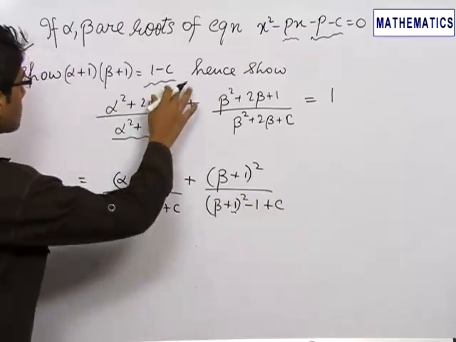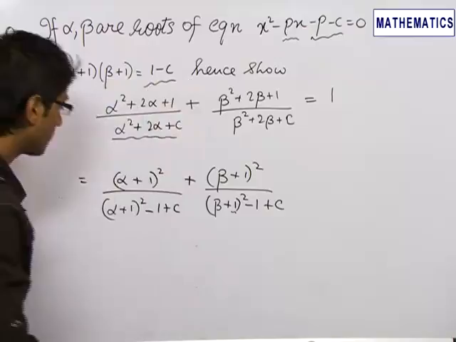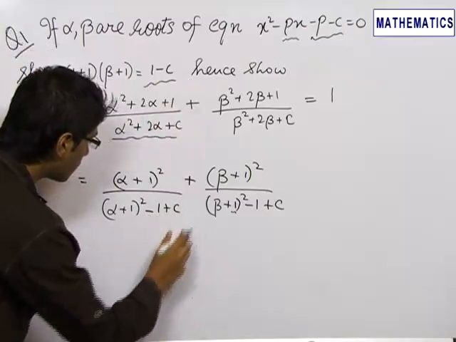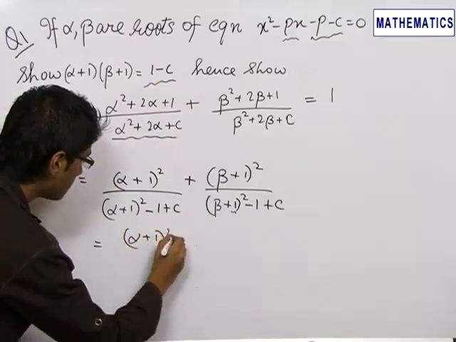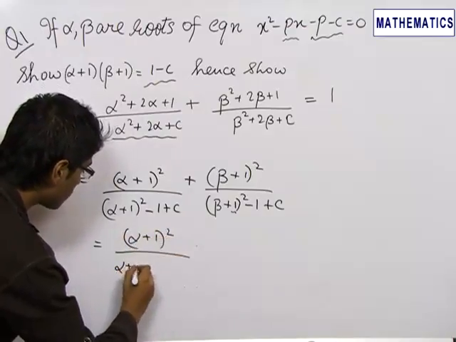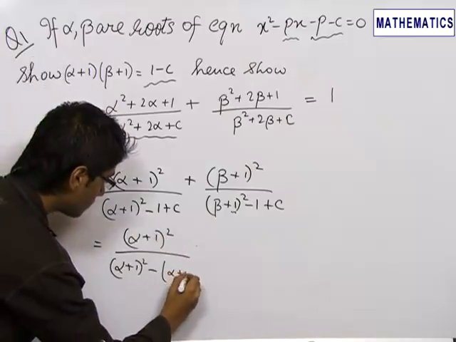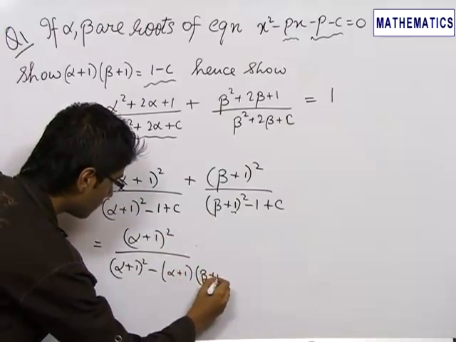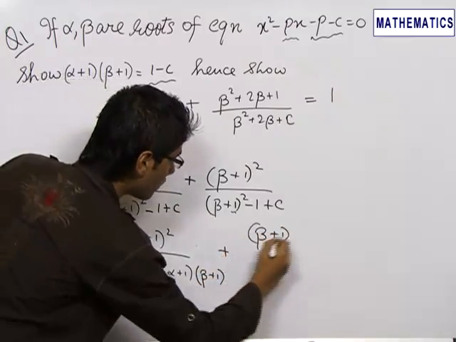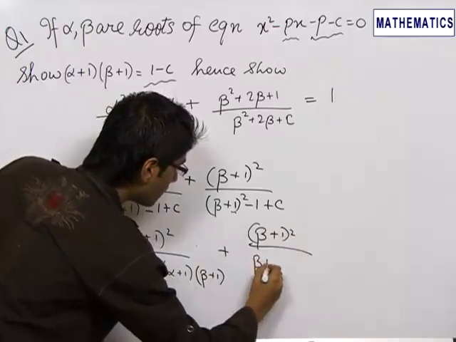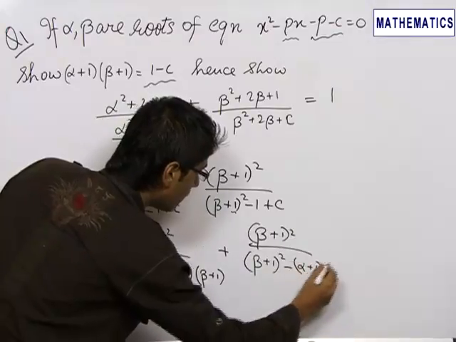Now we know from the first part that the value of 1 minus c is equal to (alpha plus 1)(beta plus 1). So we substitute this value of 1 minus c over here to get (alpha plus 1) whole square upon (alpha plus 1) whole square minus (alpha plus 1)(beta plus 1), and also over here (beta plus 1) whole square upon (beta plus 1) whole square minus (alpha plus 1)(beta plus 1).